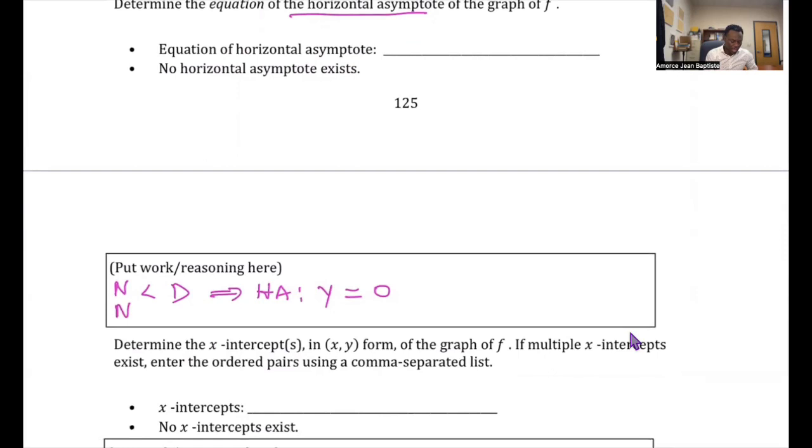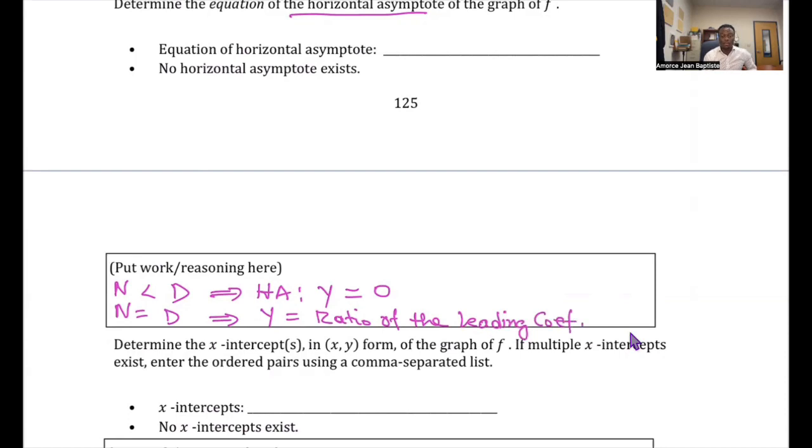If n equals d, y is the ratio of the leading coefficient in the numerator and the denominator.